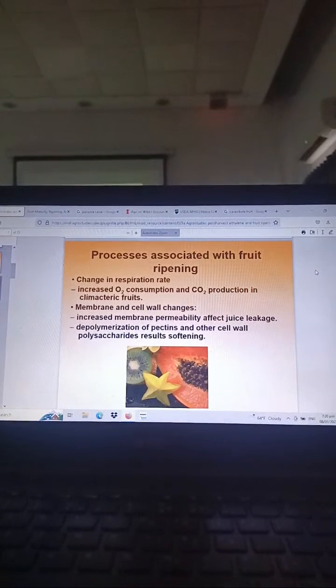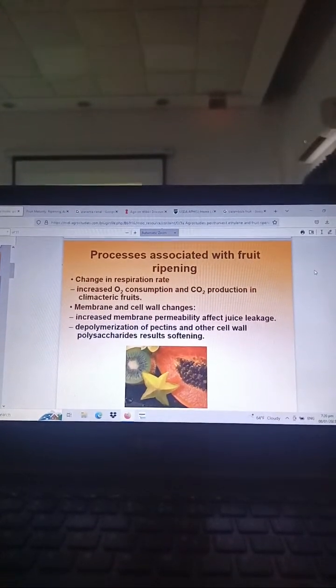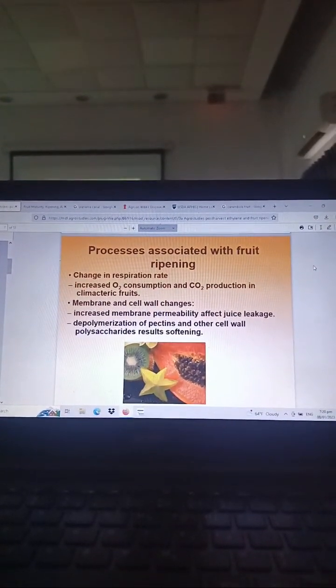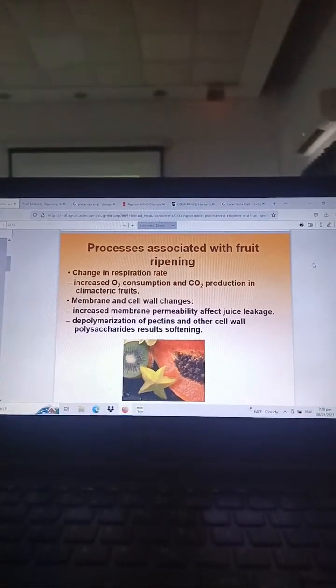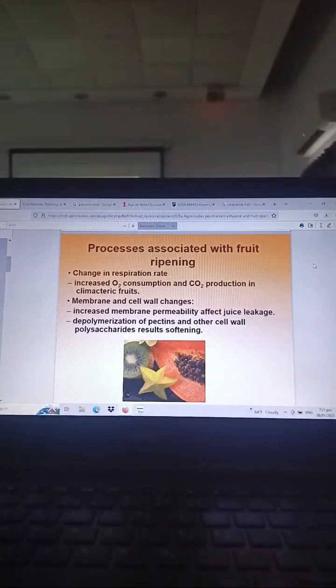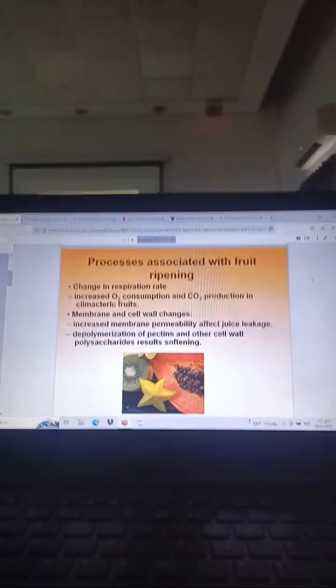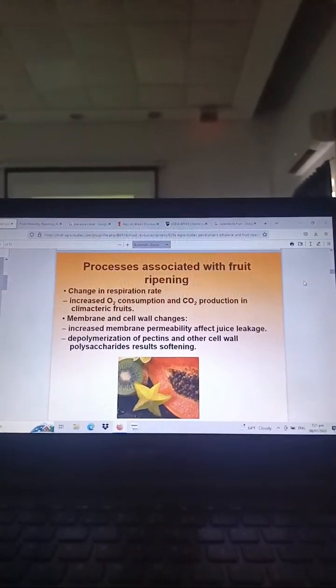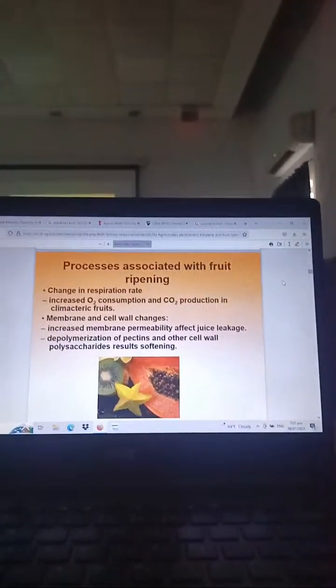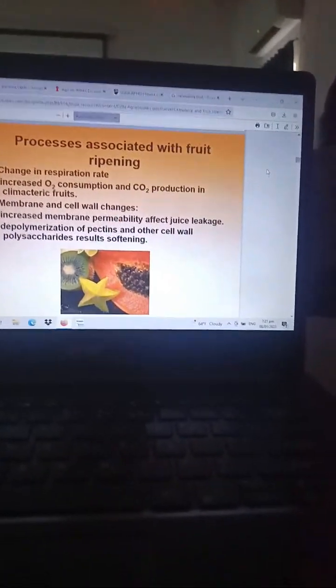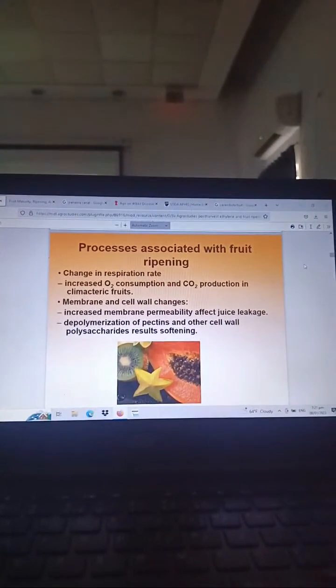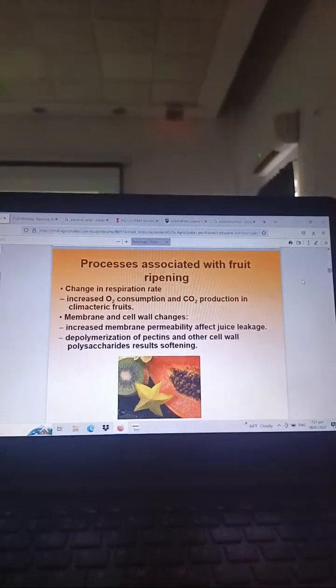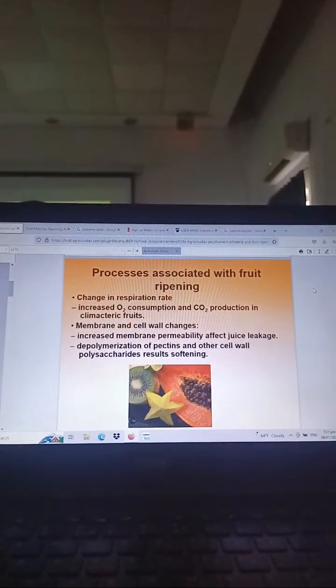Okay, we have also other things. Change in the color, in the composition. Starch to sugar conversion, loss of acidity. We have pigment synthesis, like anthocyanin. Anthocyanin we have in pink or red. In persimmon, you know persimmon?